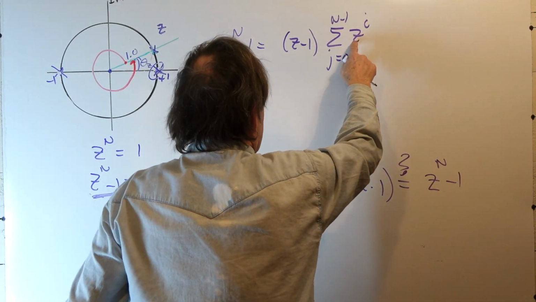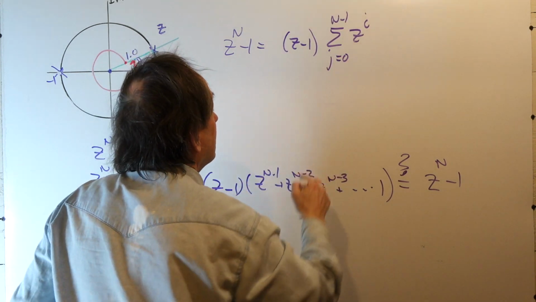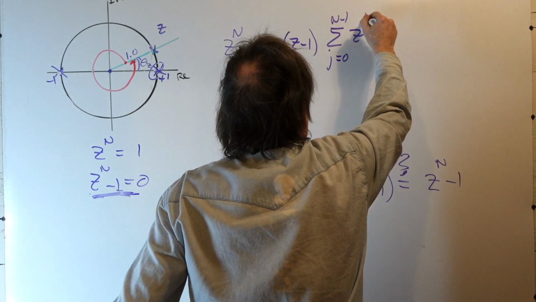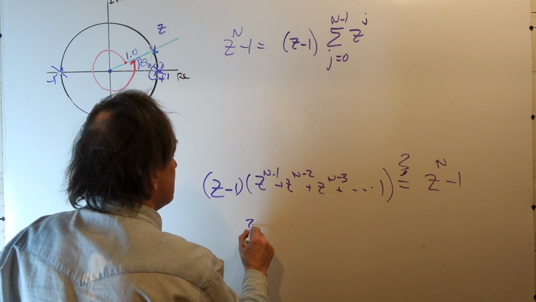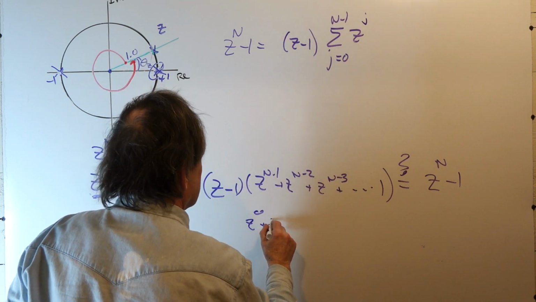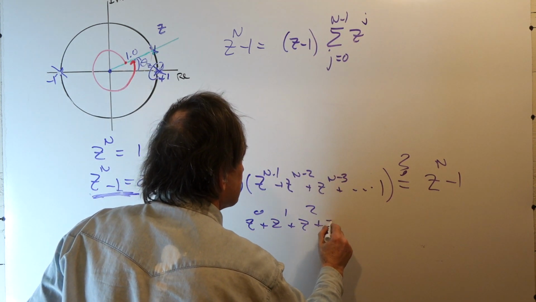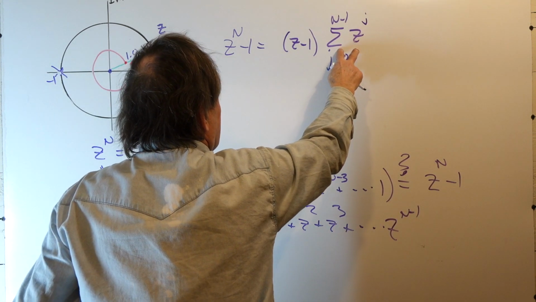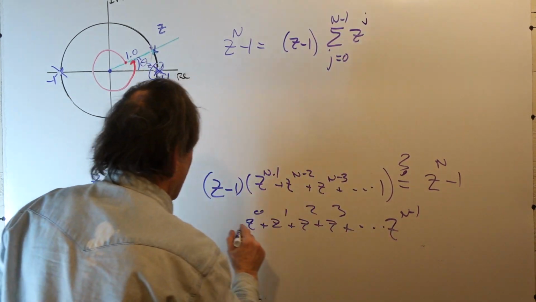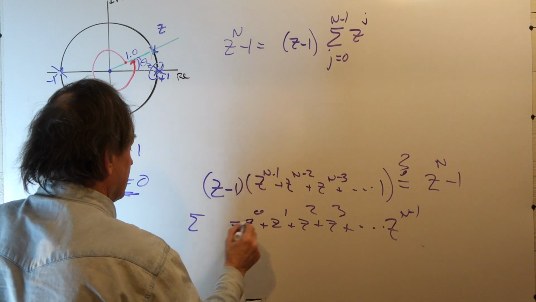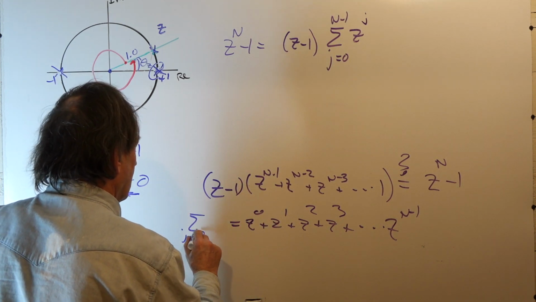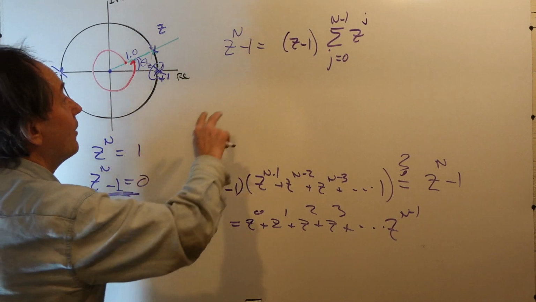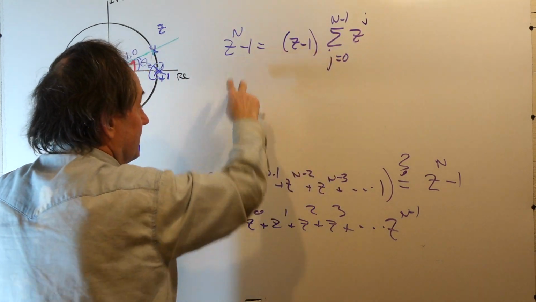If we expand this out, with j equal to 0 we have z to the 0, then z to the 1 plus z squared plus z to the third, and so on to z to the n minus 1. So this is the compact summation that represents this depressed equation where all the coefficients on the terms of z are unity. So we want to know if this is equal to this.